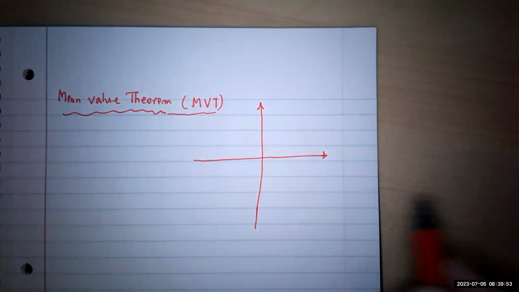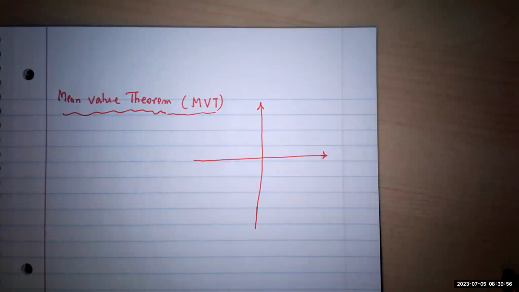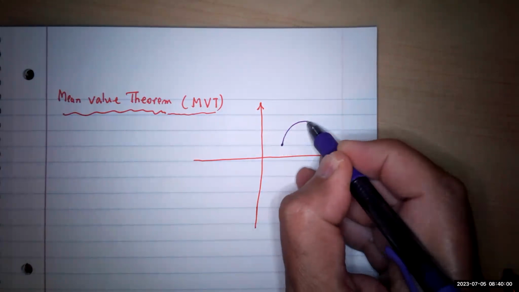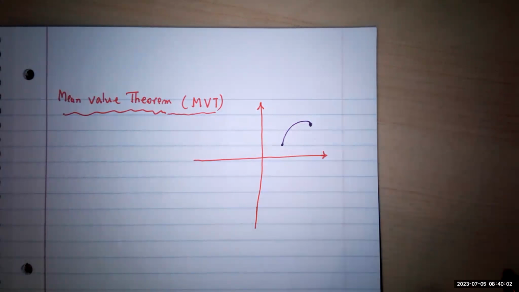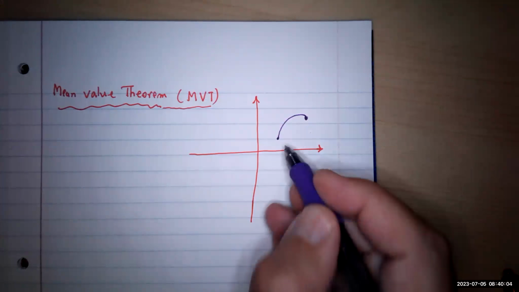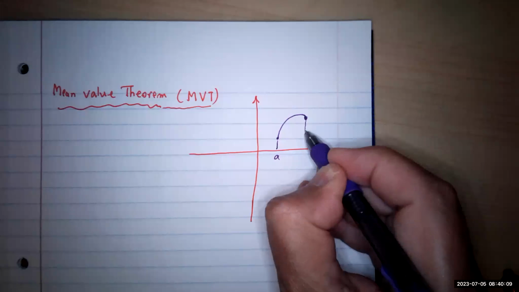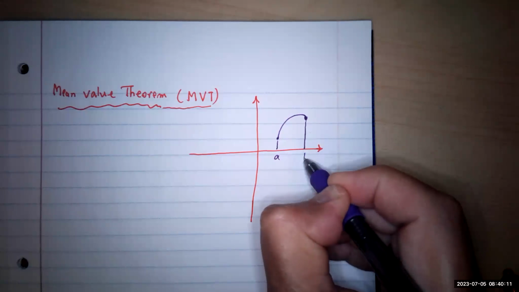If you consider your graph to be this form this time, so suppose this is going to be your graph. Again, this is going to be A, and this is going to be B.